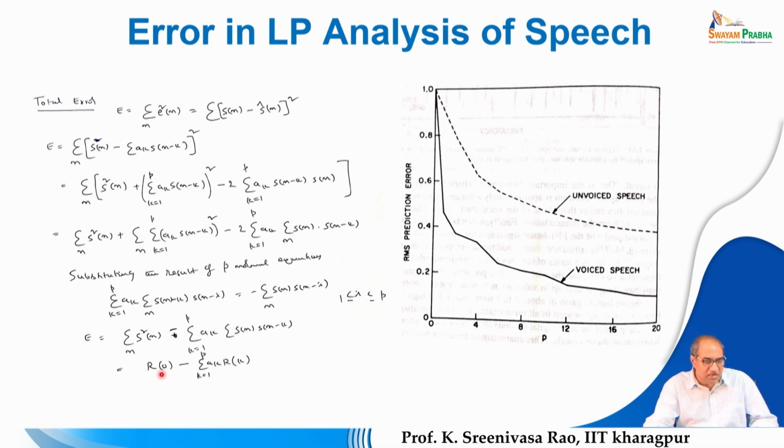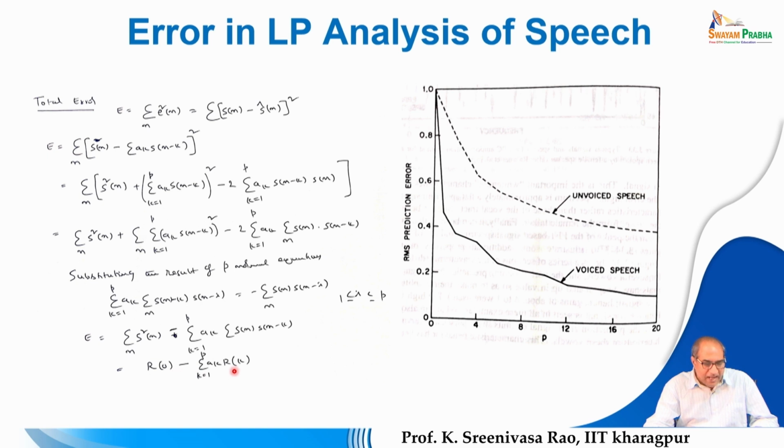What is R of 0? R of 0 is nothing but the signal energy S of n square, the autocorrelation at 0 shift. So you will get the maximum possible error. R of 0 will be the error if you consider p equals 0, or if you do not take care about the history at all.